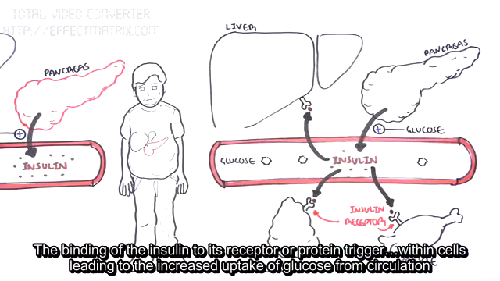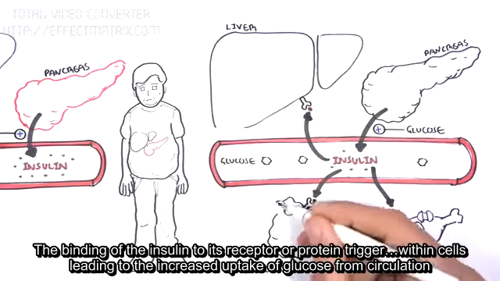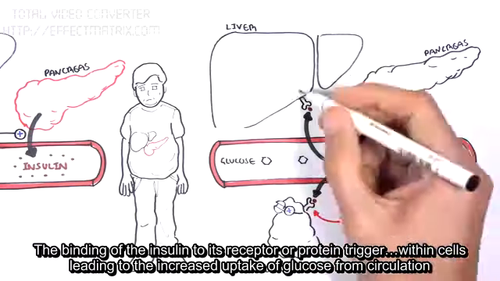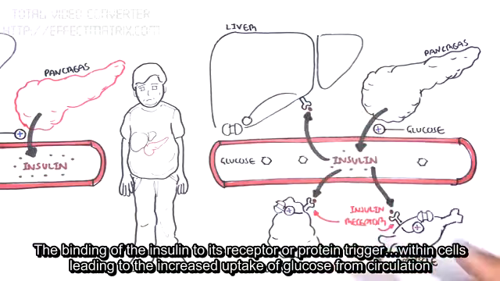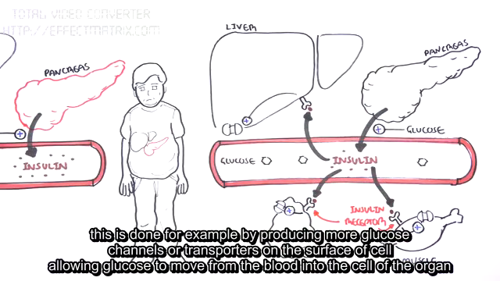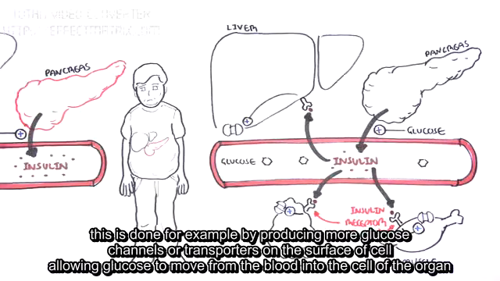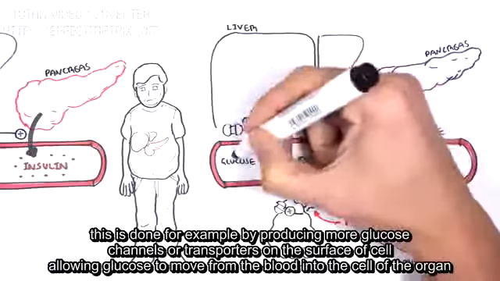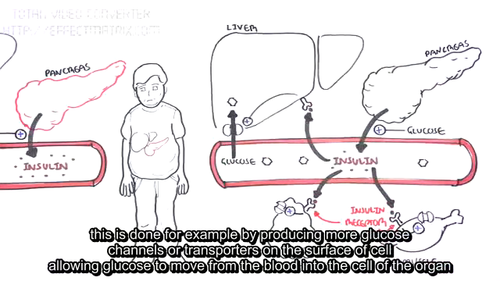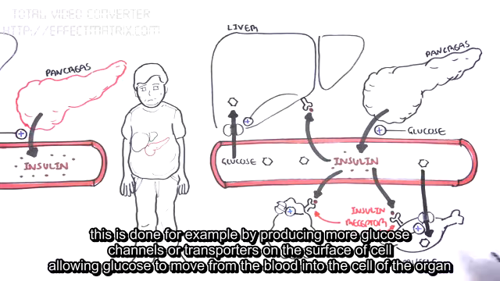The binding of insulin to its receptor or protein triggers a cascade of events within a cell, leading to the increased uptake of glucose from circulation into the organs. This is done, for example, by producing more glucose channels or transporters on the surface of cells, allowing glucose to move from the blood into the cells of the organs.